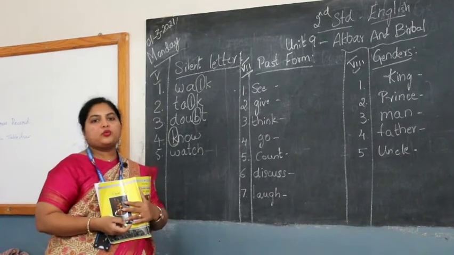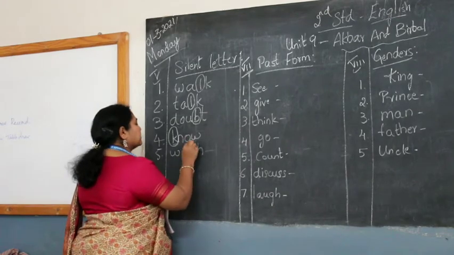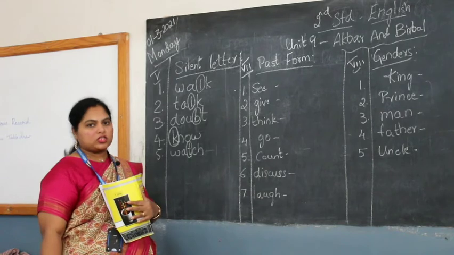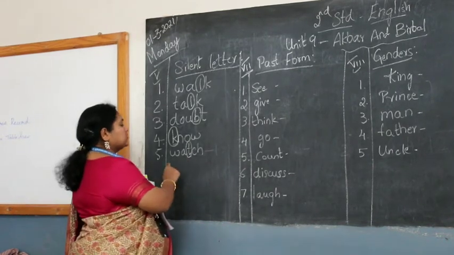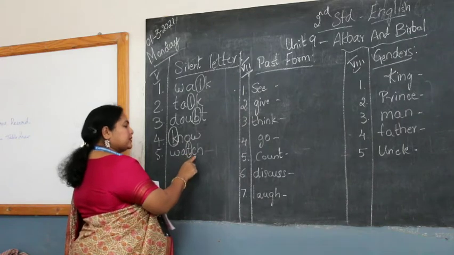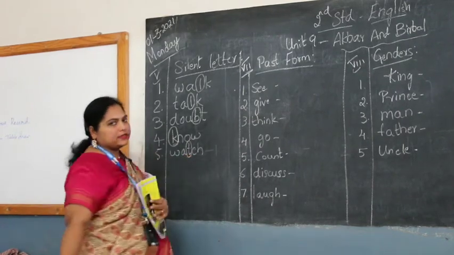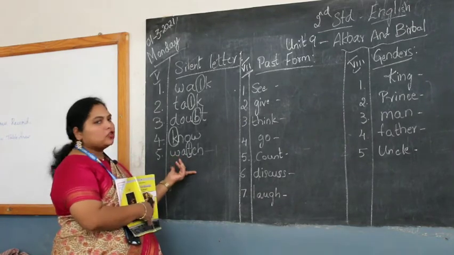Watch is W-A-T-C-H, but we don't pronounce the letter T in watch. It's only the W-A-CH sound that comes out when you say watch, but T is silent, which is written in the spelling but not pronounced.